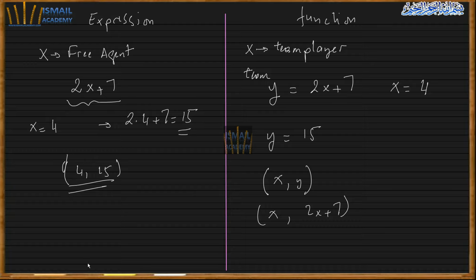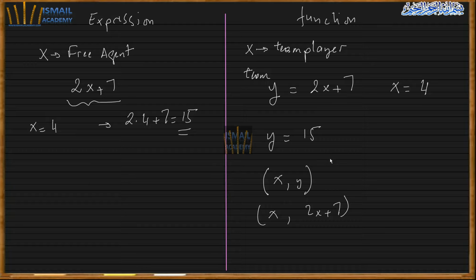A function always has an input and output, but an expression is just a number, either known or unknown. If I substitute the x by a value, it becomes a known number. If I don't substitute, the whole thing becomes an unknown number. That's it. There's nothing to add, nothing to do with it.